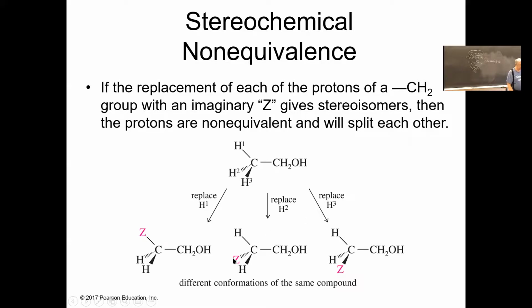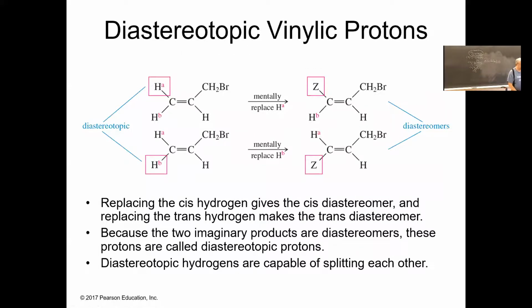And if we were to replace one of the hydrogens with some imaginary group Z, these would just be different conformations of the same compound. With vinylic protons, we can have diastereotopic interactions.